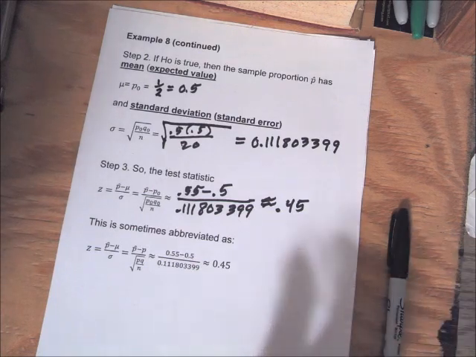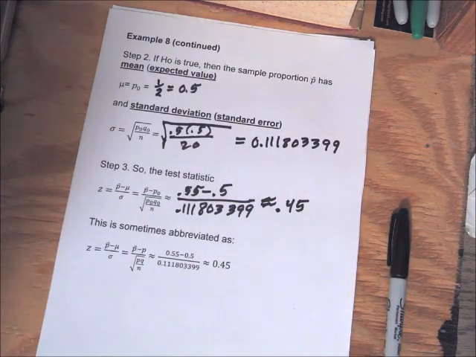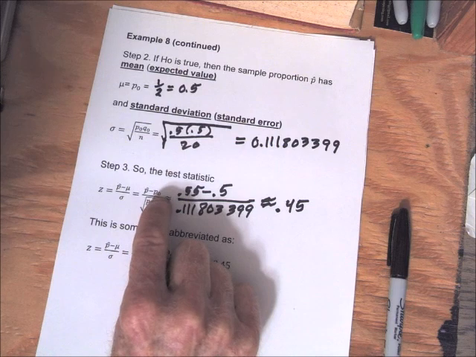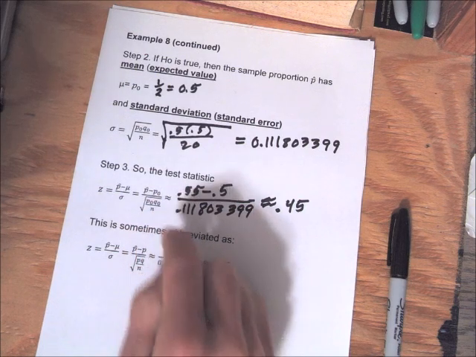If you want to be very careful to indicate that we're actually using the null value, you put in the P0 and the Q0.